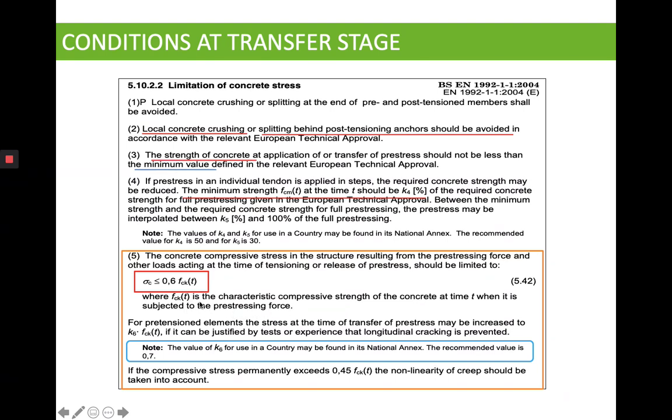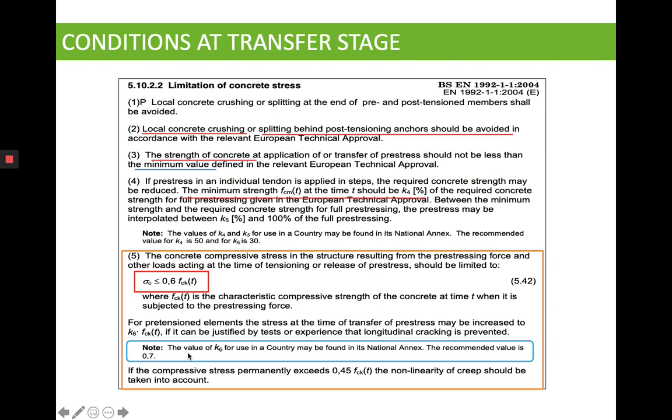This is the value that I mentioned just now: usually we are going to consider that this value is 60% of the design concrete strength. For pre-tension elements, the stress at the time of transfer of pre-stress may be increased to k6 fckt if it can be justified by tests or experience that longitudinal cracking is prevented.